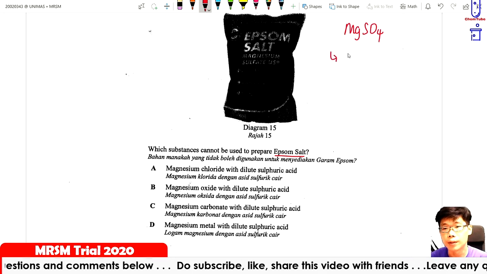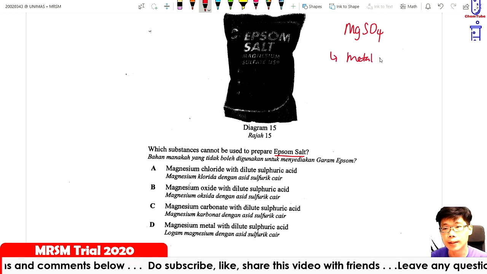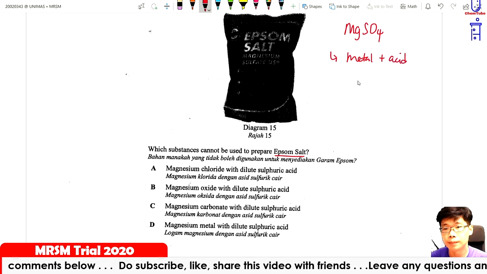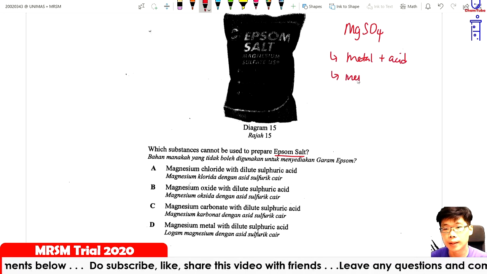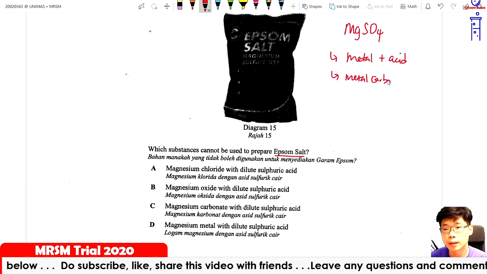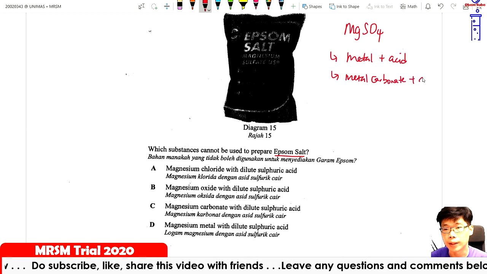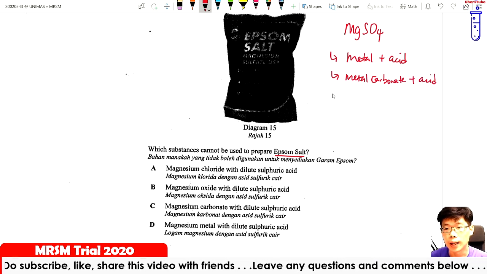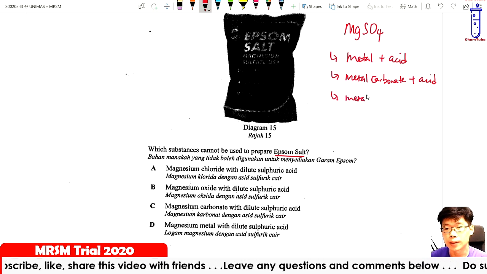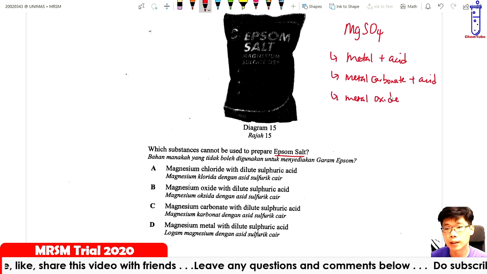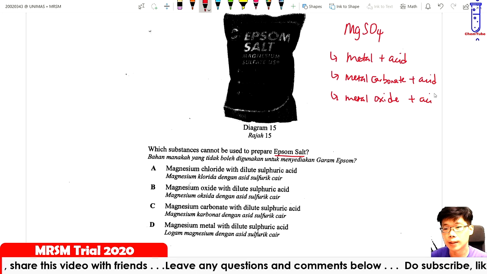For a soluble salt, we can use metal with acid, metal carbonate with acid, and metal oxide with acid.